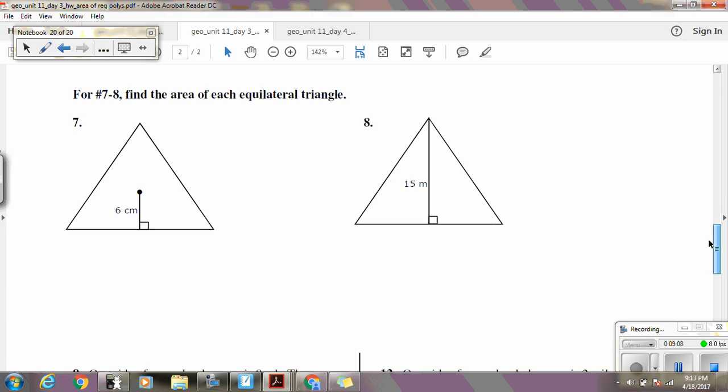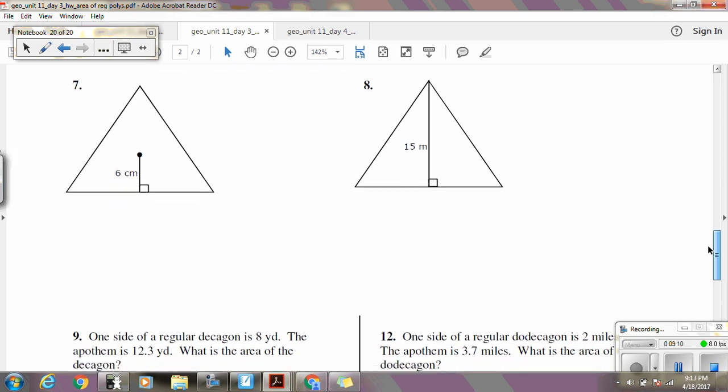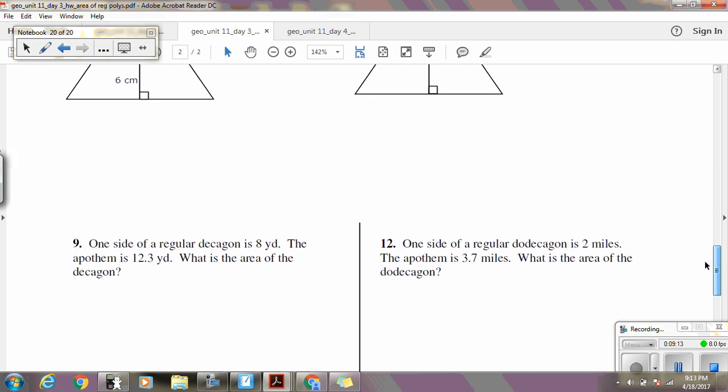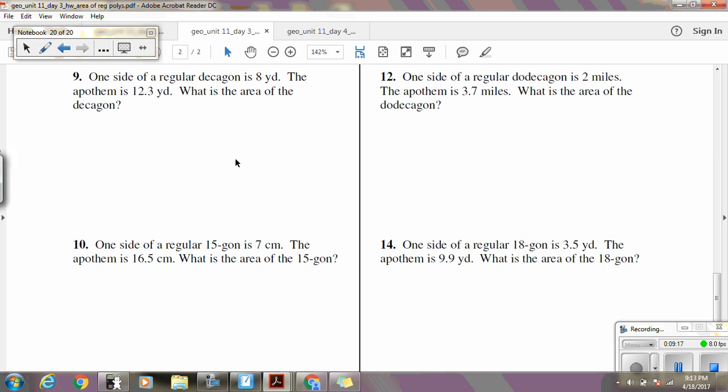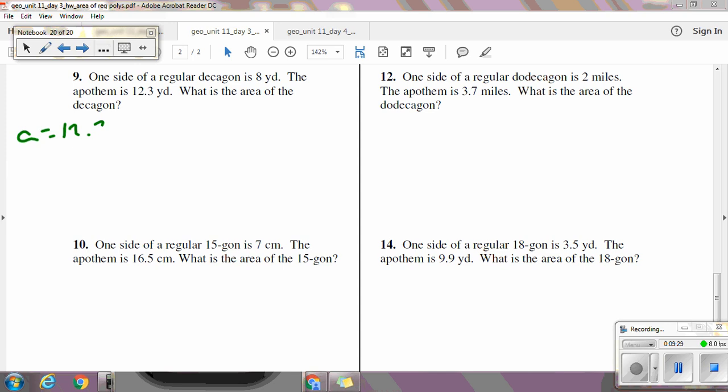Number 7 and 8 were extra credit. So I'm going to let you figure those out on your own. Number 9 says one side of a regular decagon is 8 yards. The apothem is 12.3. What is the area? So the apothem, 12.3. To find the perimeter, you take 8 times 10 because a decagon has 10 sides. So the perimeter is 80.